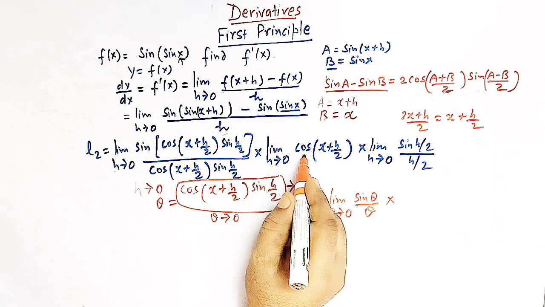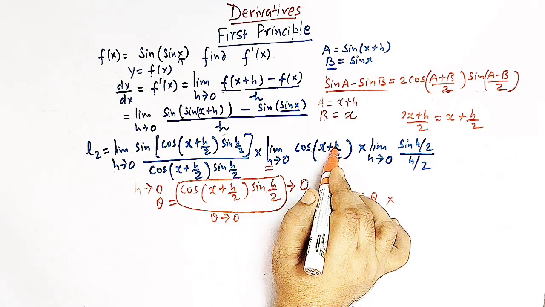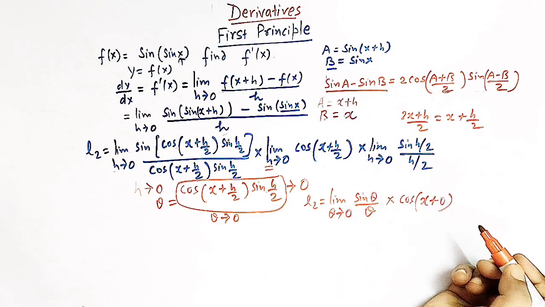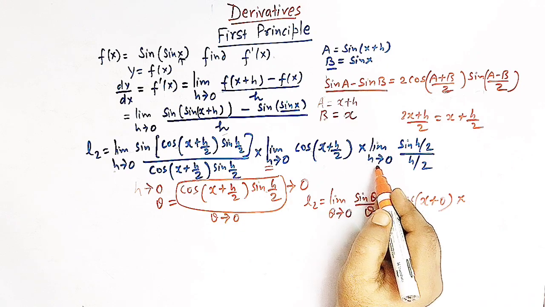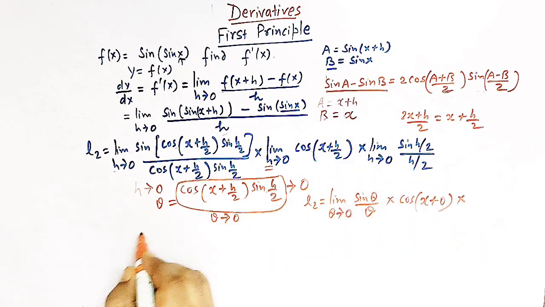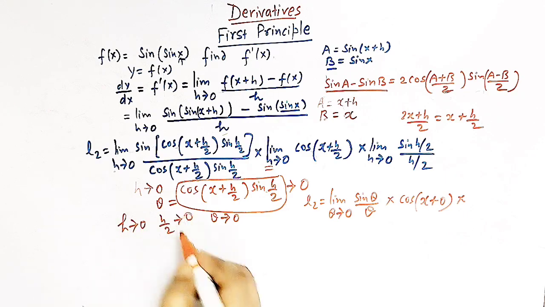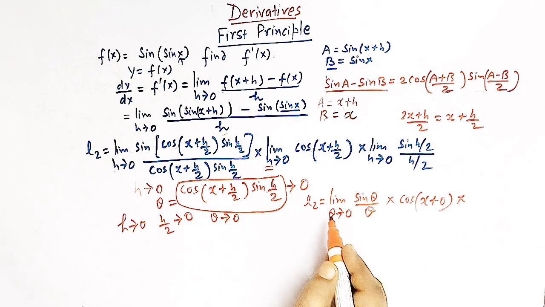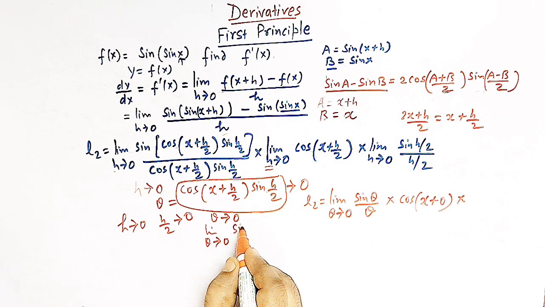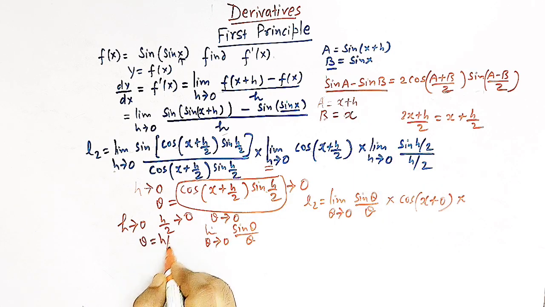Then we have limit h tends to 0 cos x plus h over 2. So when h tends to 0, we have simply cos x plus 0, right? And then we have limit h tends to 0 sine h over 2 divided by h over 2. So when h tends to 0, then h over 2 also tends to 0. So again we have this form, that is limit theta tends to 0 sine theta over theta, where theta is equal to h over 2.